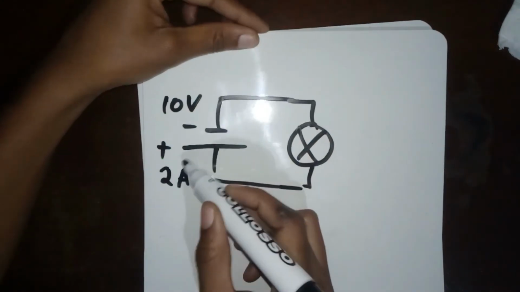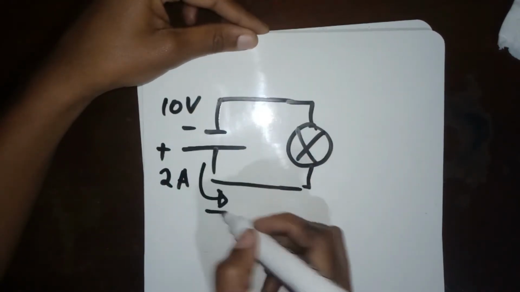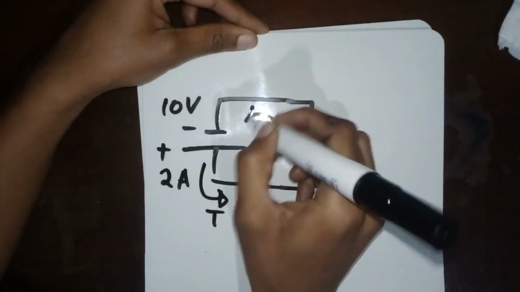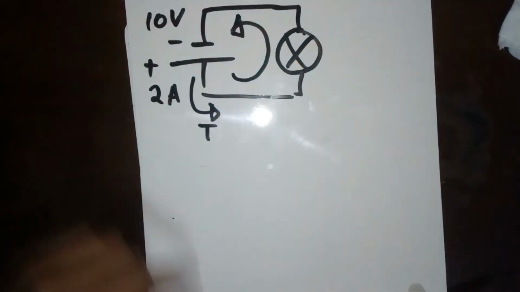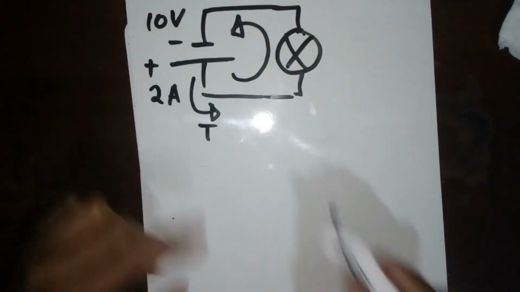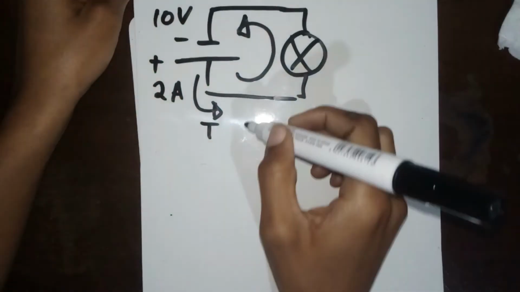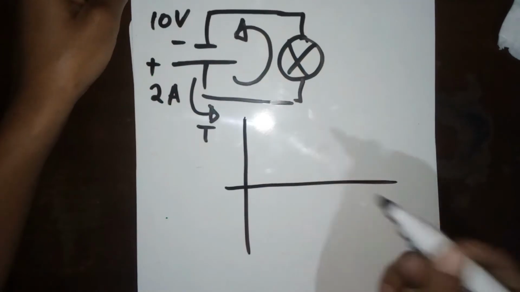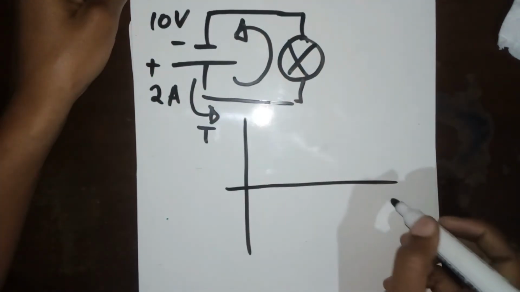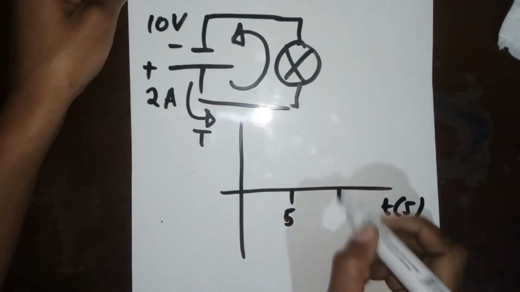So we know that conventional current is always from positive to negative, so you'd have current flowing in this direction. If we were to plot a graph of current versus time for DC current, we draw our y and x axis, and maybe we said it's 2 amperes. Time is in seconds, let's say 5 seconds, 10 seconds.